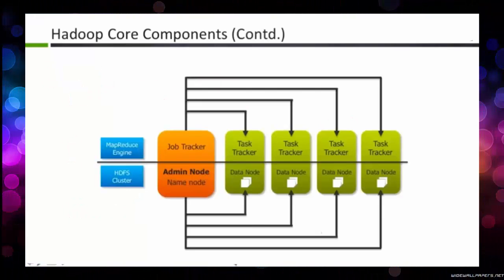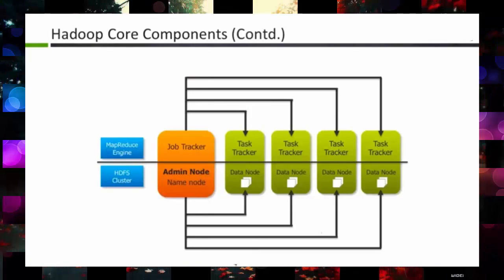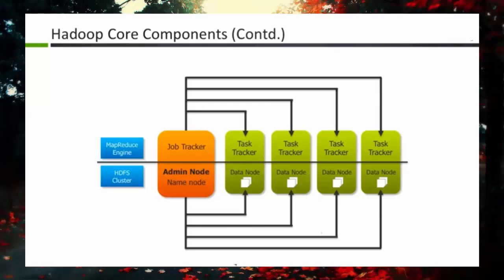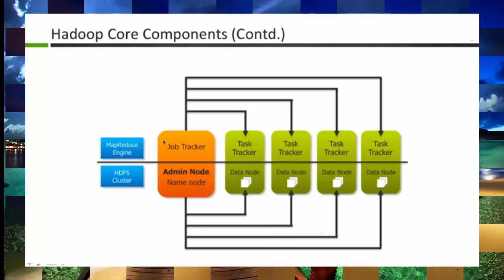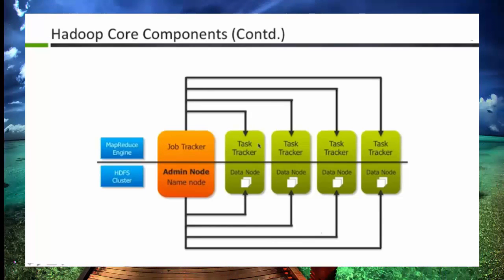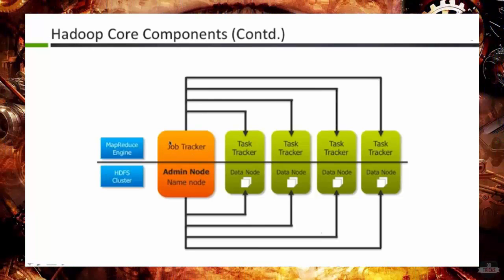Okay, now that we've understood a little bit about MapReduce, and we've also understood about HDFS, let's try to understand a little bit more, but we'll still not go into the depth. There's something called a job tracker and a task tracker on the MapReduce engine.